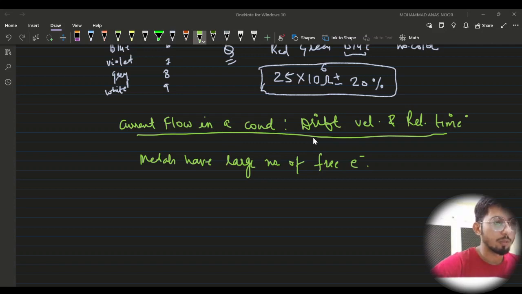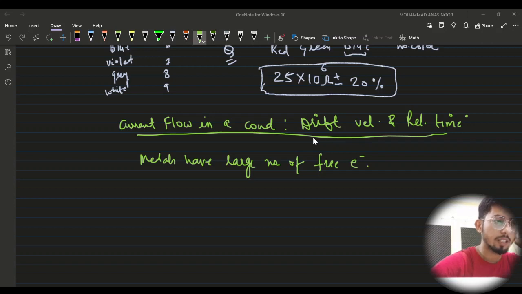At room temperature, the atom is neutral when it is just random, when there is no field applied or no force applied to the charge carriers.